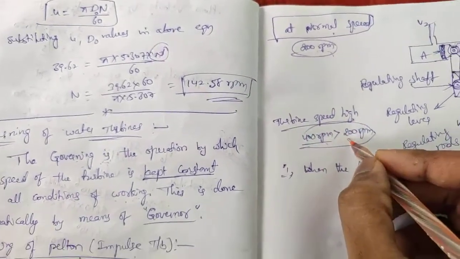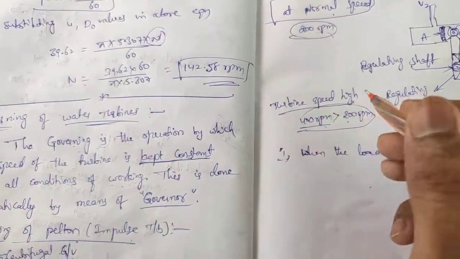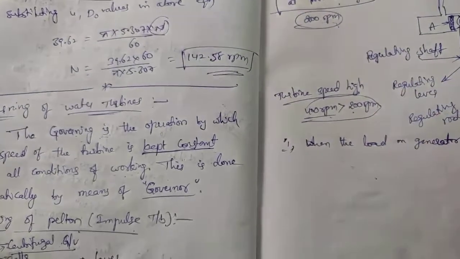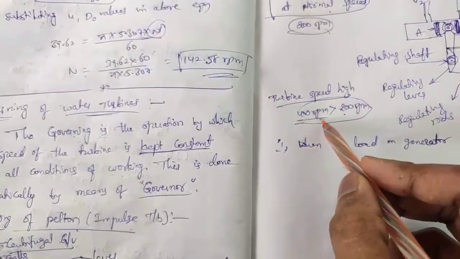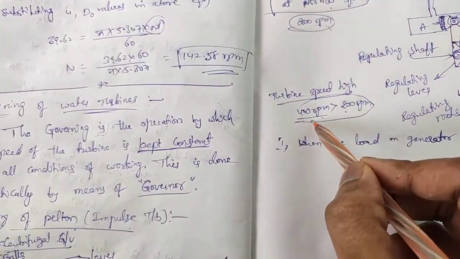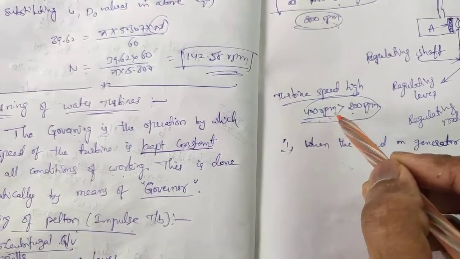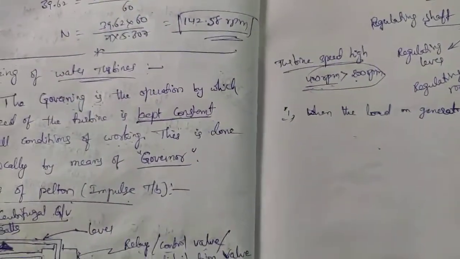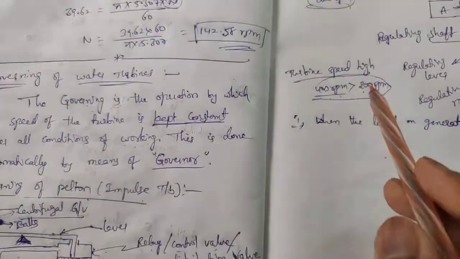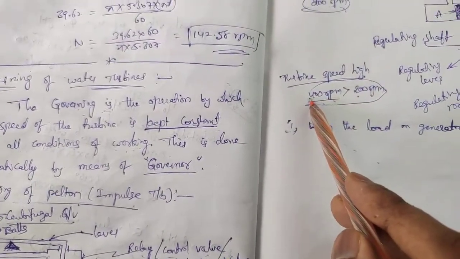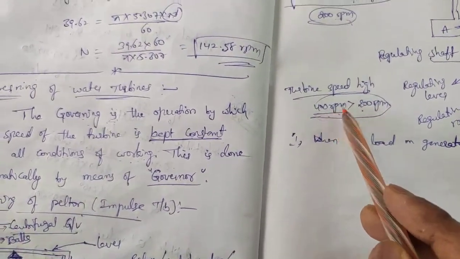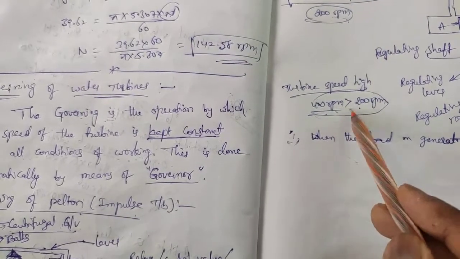Normal speed is 200, but for the need of high electrical power, the turbine is rotated with more speed, that is 400 rpm. Initially we assume this one. So the turbine is rotated with 400 rpm for a period of time.